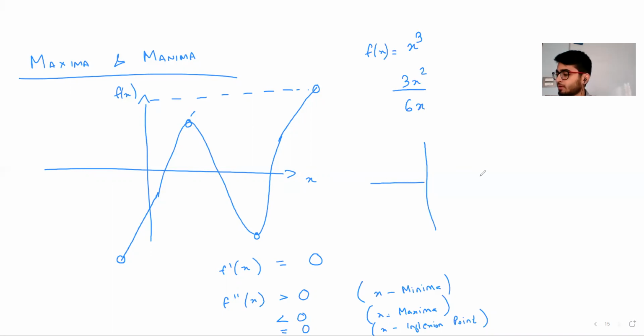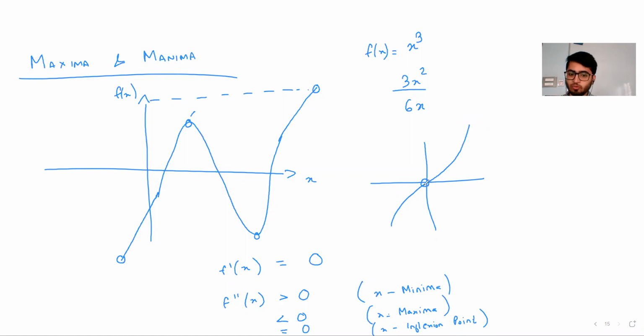If we take a look at the graph, it looks something of this form. You will see that at this point there is a change in the curvature of the graph. It's changing from convex to concave. So this is neither a point of maxima nor a point of minima.